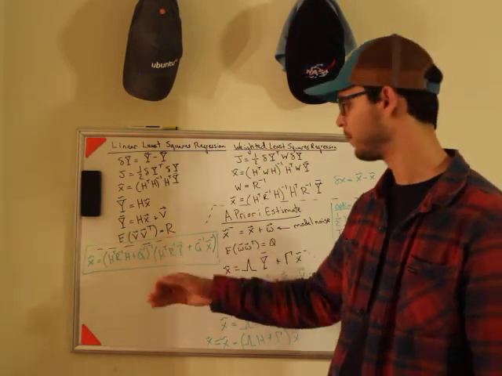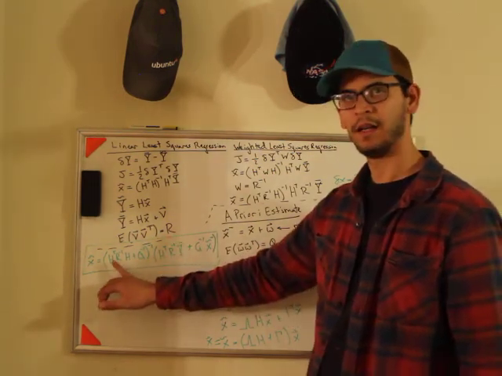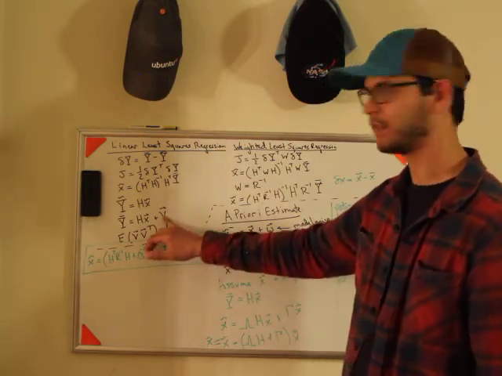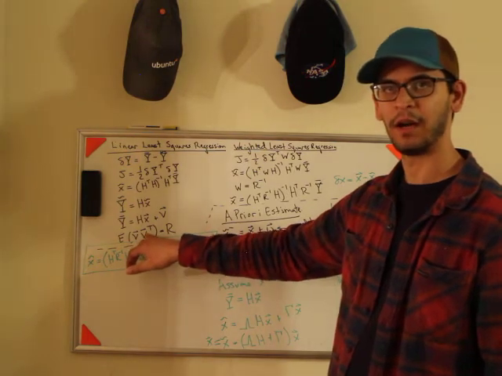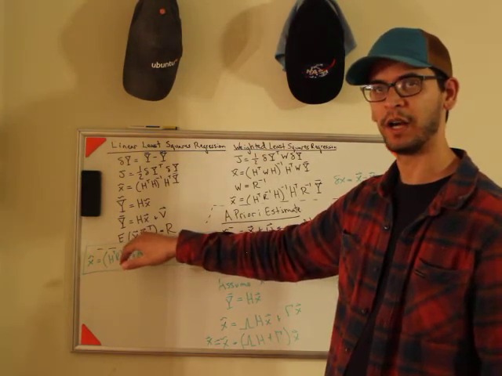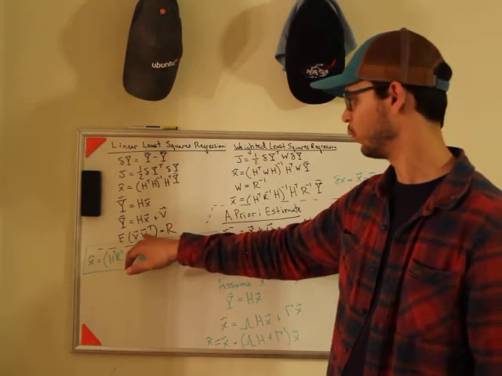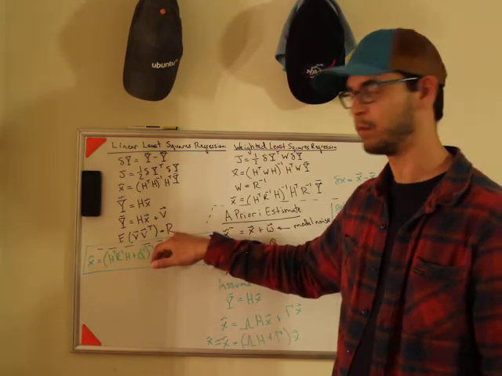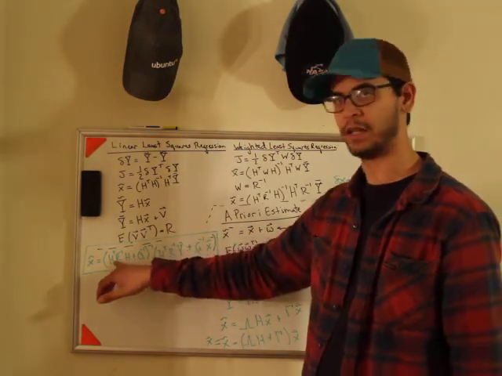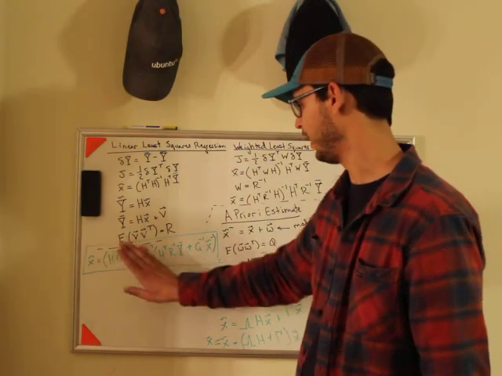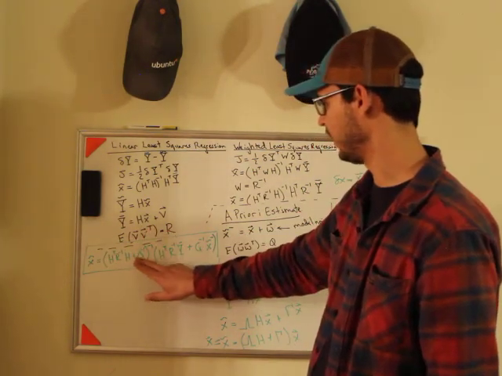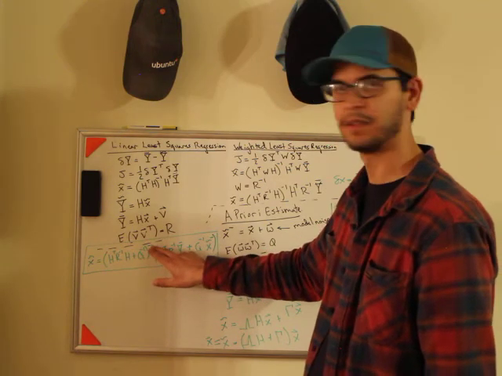Now let's do it the other way. What if we thought our sensor measurements were terrible, and so we thought our covariance estimate of our error in our measurement was really big? We would make R really, really, really big. If R is really big, it means R inverse is going to be really small, which means this term is going to go away, and what's going to happen is you're going to get Q inverse inverse, right?